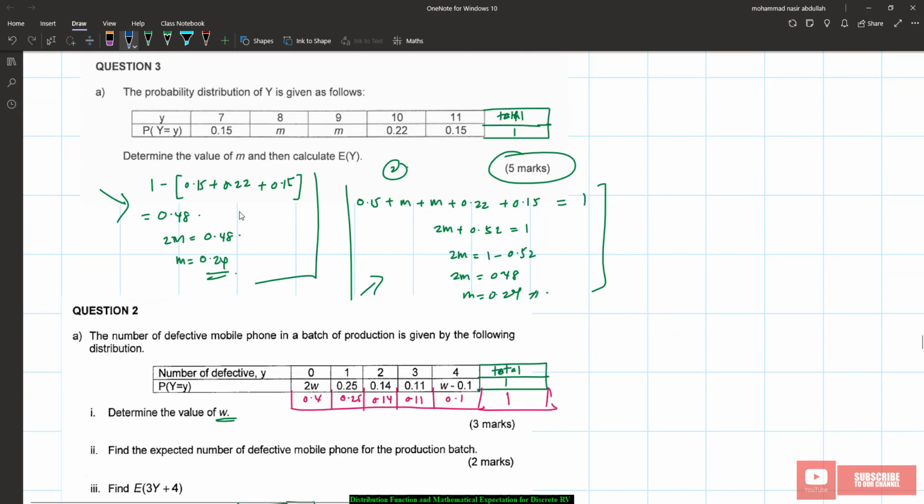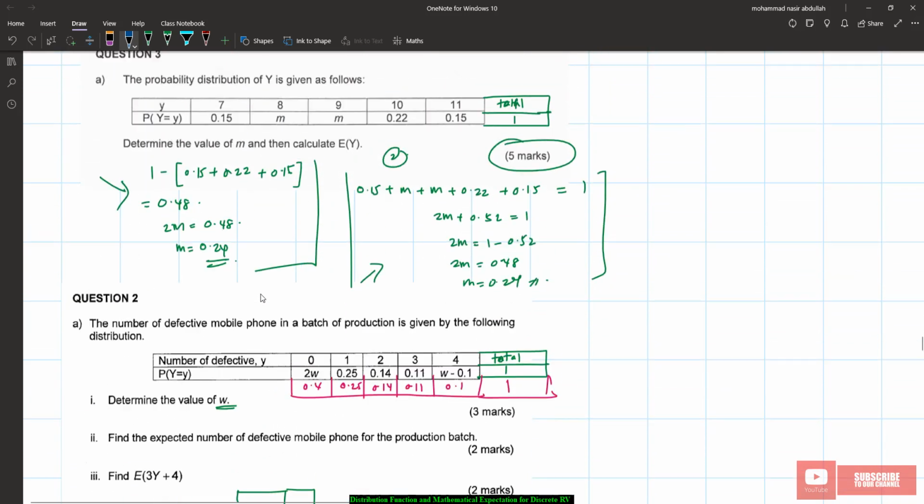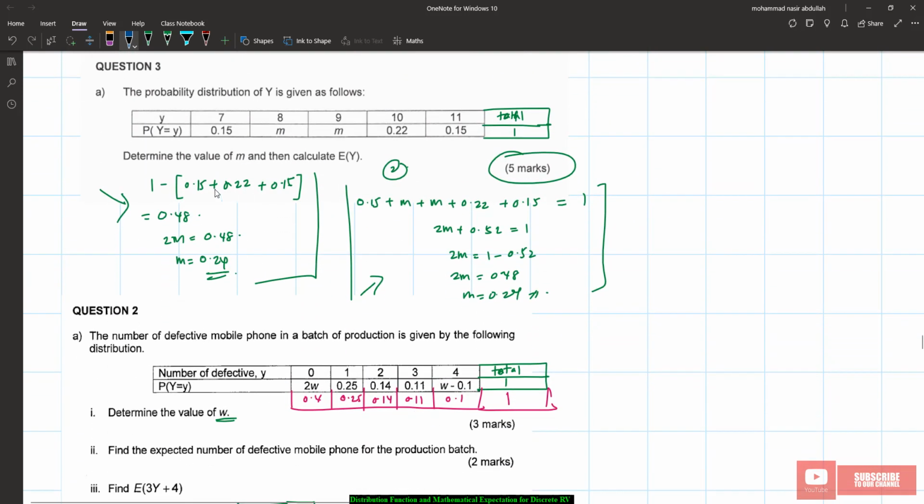So for question number 3, I think you already know how to do it. Determine the value of m. We already determined the value of m is equal to 0.24. So now it's easy for us to find expected of y.